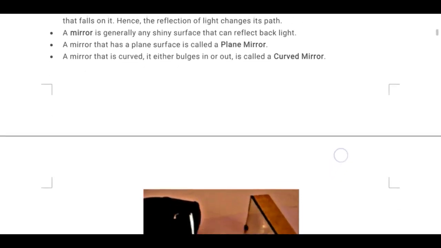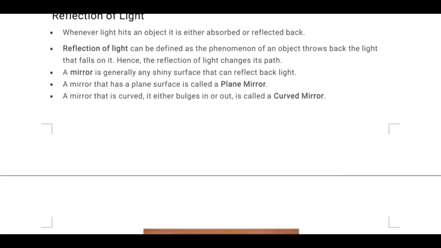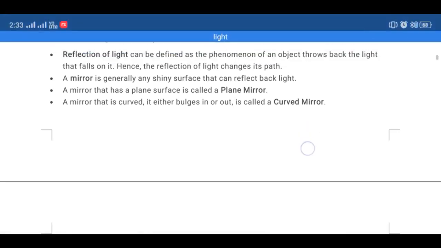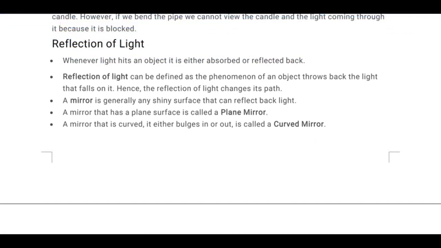Before moving to the content about mirrors, I would like to explain two words I used earlier: one is opaque and another is image. What is opaque? The object which doesn't allow any light to pass through it.